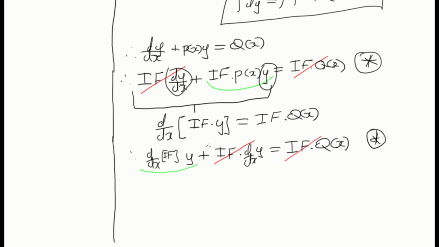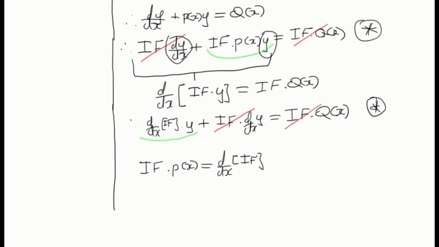Of the two terms here, they both have y, so that one is not of concern. But what is of concern here is that mu times p of x must be equal to the derivative of this unknown function mu. Let me write it nicely. It must be equal to the derivative of some unknown mu function.